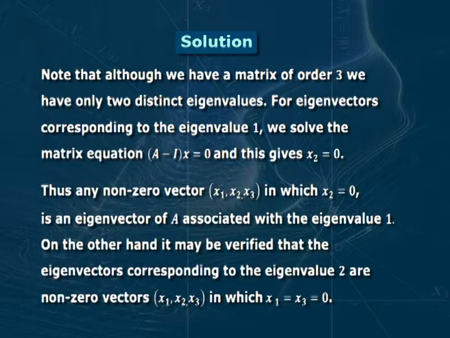On the other hand, it may be verified that the eigenvectors corresponding to the eigenvalue 2 are non-zero vectors (x1, x2, x3) in which x1 is equal to x3 is equal to 0. It is clear from example 2 that the eigenvalues of a diagonal matrix are simply its diagonal elements.